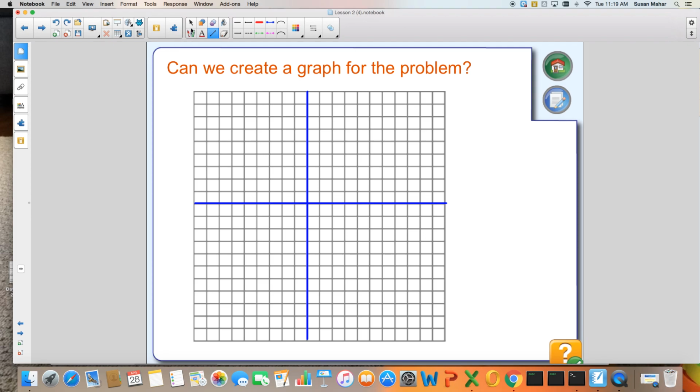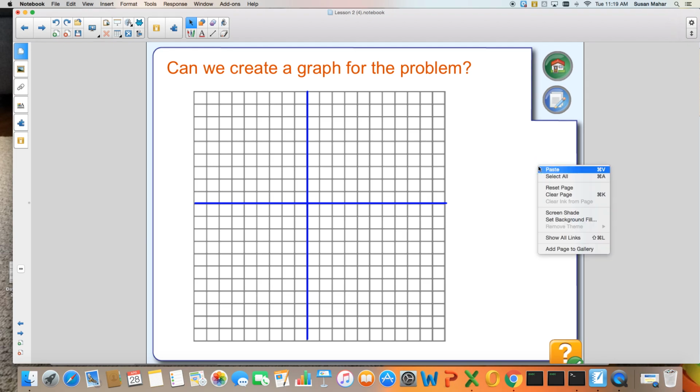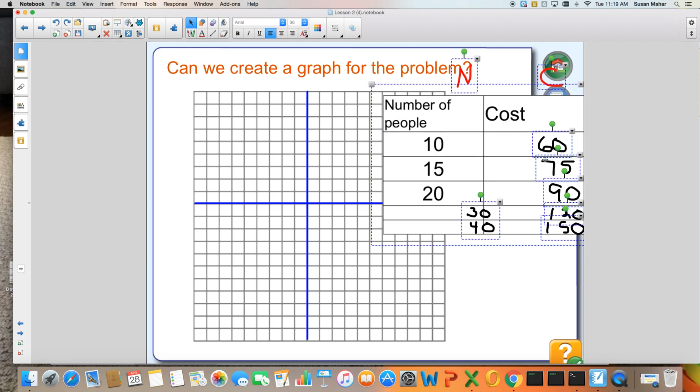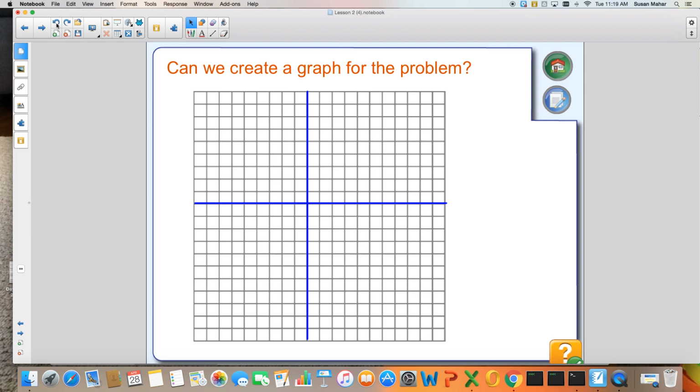I'm going to start to think about where my C is going to be. Nope, this is where the number of people is going to be, and this is where my cost is going to be. This is where I would normally have X on my graph, and this is where I would normally have Y, just to help you get oriented.